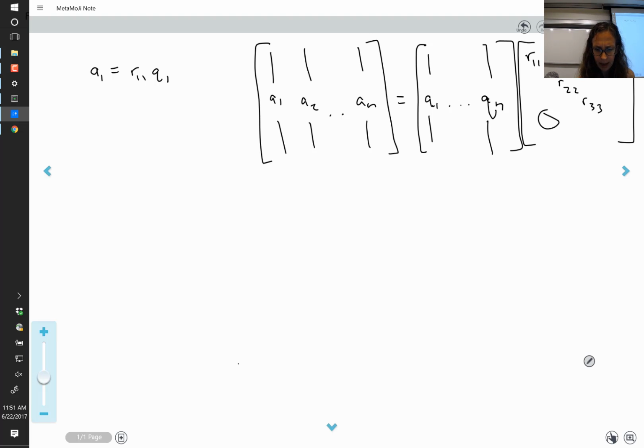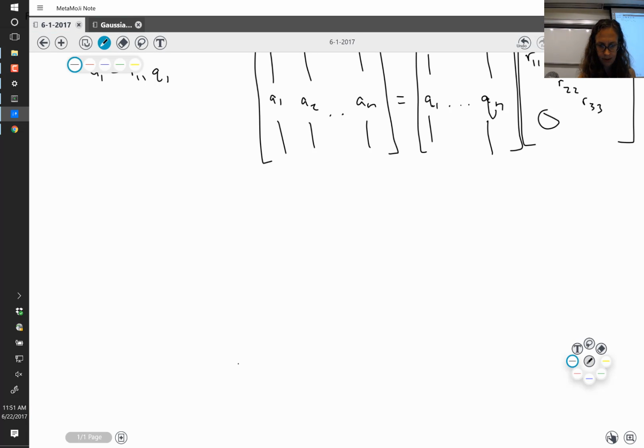Let me write that. If this is A1, remember A1's a column, so it's a vector, then Q1 is going in the exact same direction, except it just has length 1.